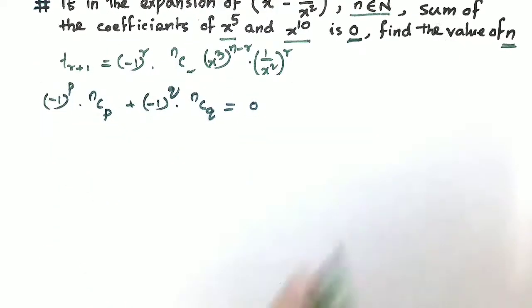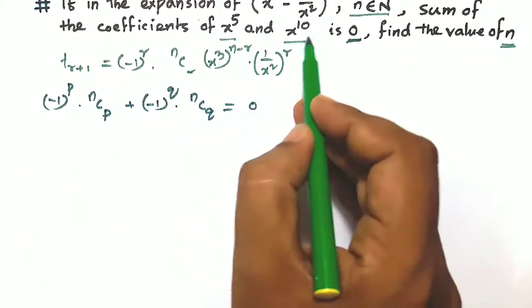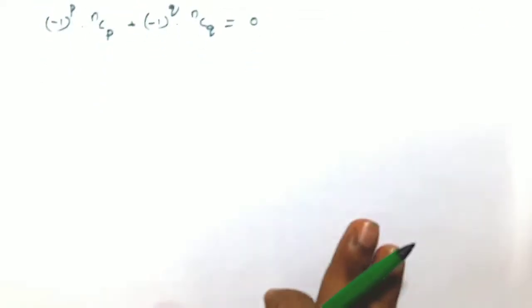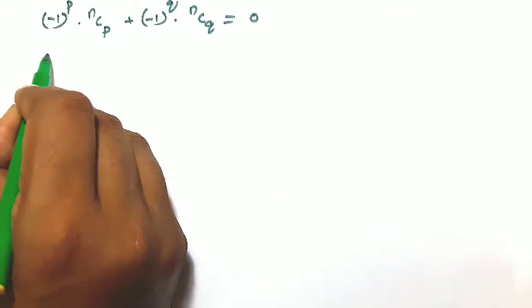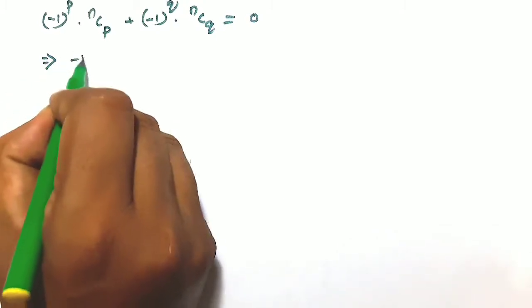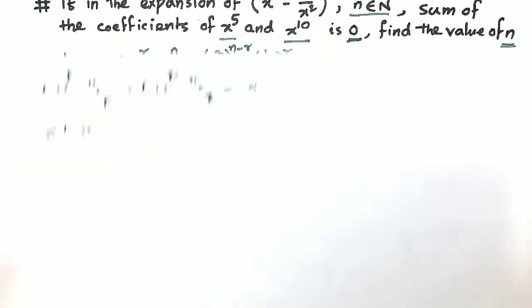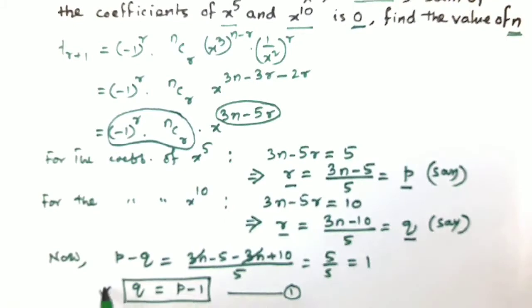You may see again the sum of the coefficients of x to the power 5 and x to the power 10 is 0. Okay, according to this given condition we have written, and from here we shall now replace q by p minus 1. We earlier got this one. You have to see again this one. q is equal to p minus 1. Okay.